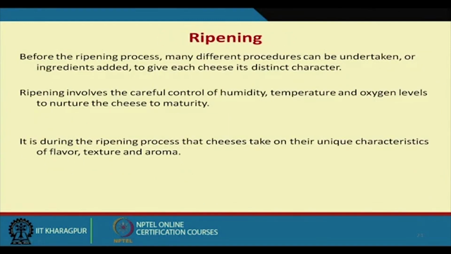Then another operation is ripening, because, as I mentioned for wine and beer making, the products pass through an aging or maturation process.